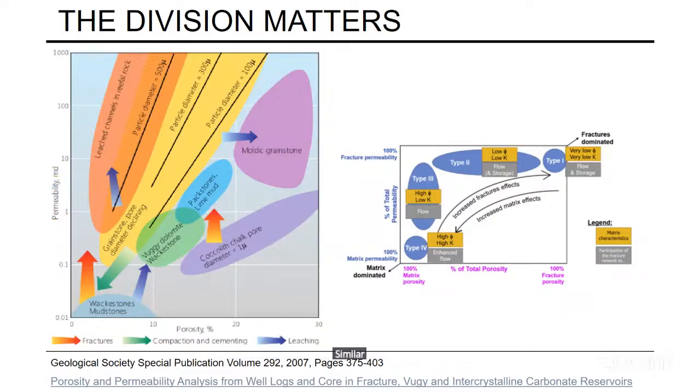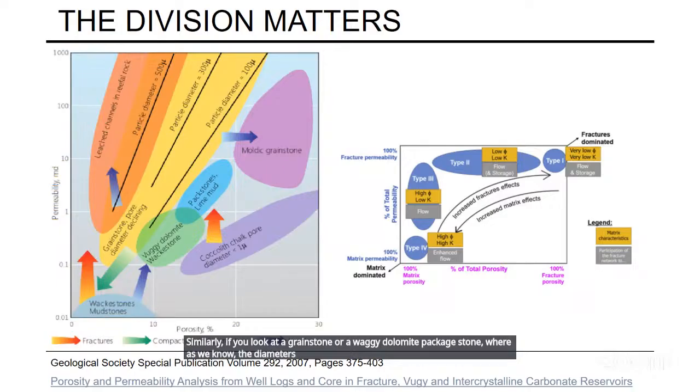Similarly, if you look at a grainstone or a dolomitic wackestone, where the grain diameters are declining, the production will be more controlled by the matrix. The contribution of production will be more from the matrix compared to fractures.